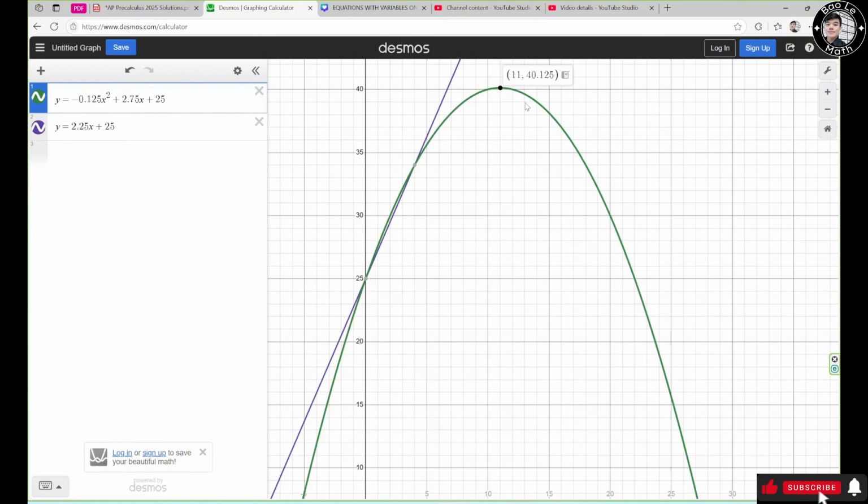Since the song is unlikely to continue indefinitely, a realistic domain restriction could be 0 to 11, from here to here, reflecting the time until the maximum plays are reached.